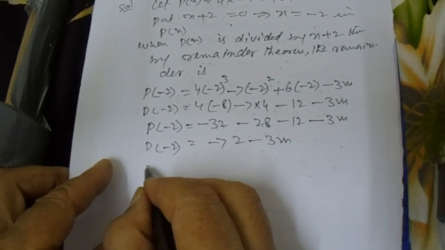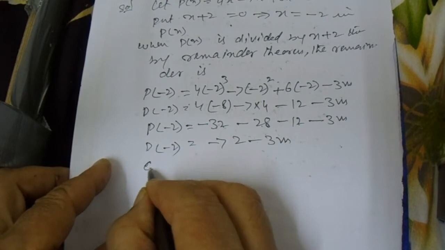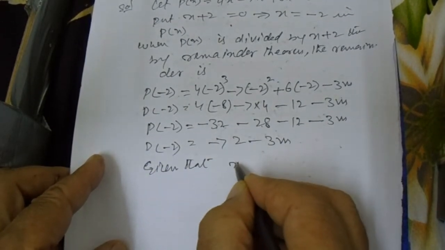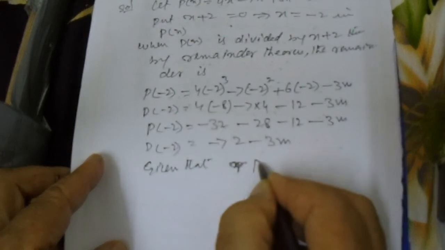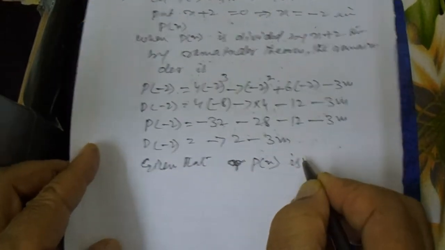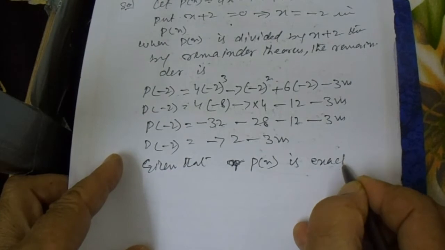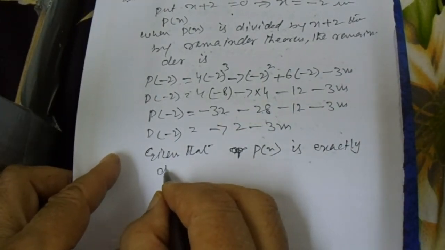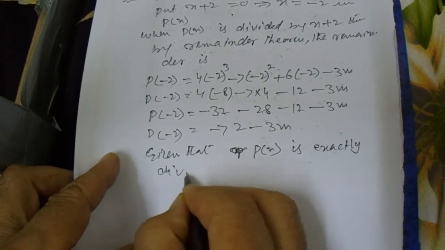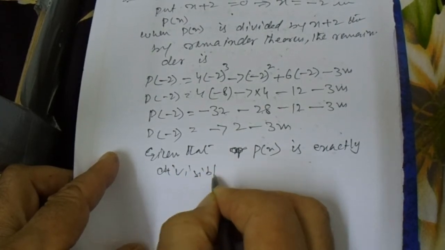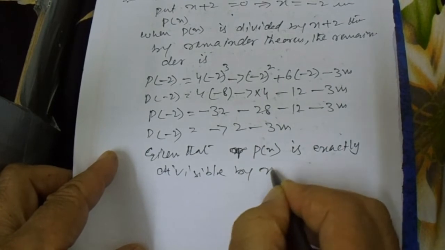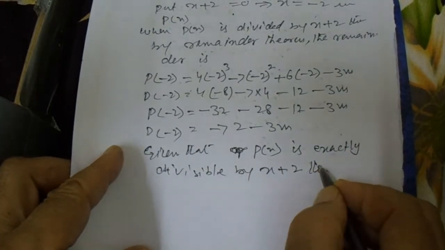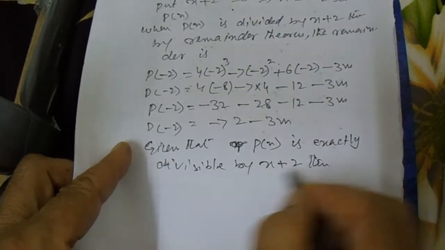Here, given that P(x) is exactly divisible by x + 2, then the remainder r is equal to 0.